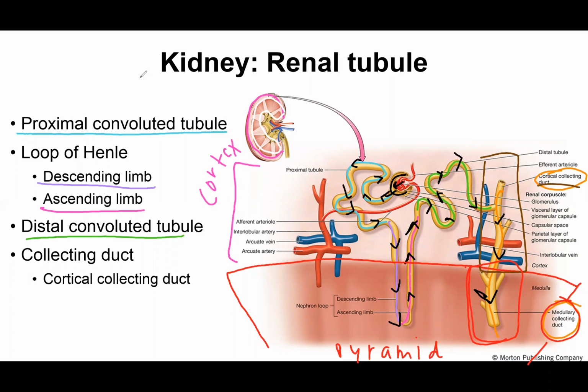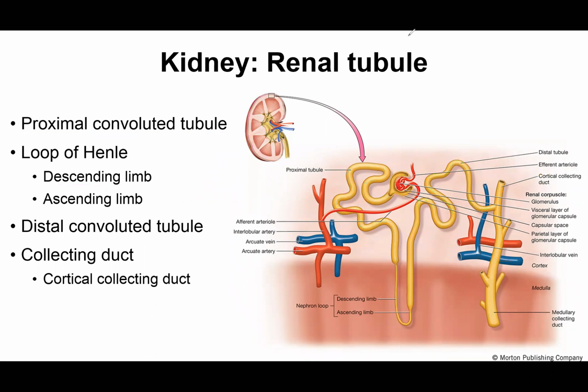And from here, the medullary collecting duct will lead to the papilla, the tip of the pyramid down here, into the minor calyces, into the major calyces, into the ureter, into the bladder, into the urethra, and out the body. So these are the structures of the nephron that you will be responsible for knowing on your quiz.